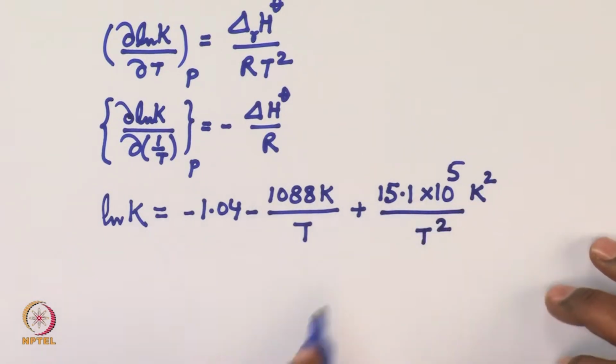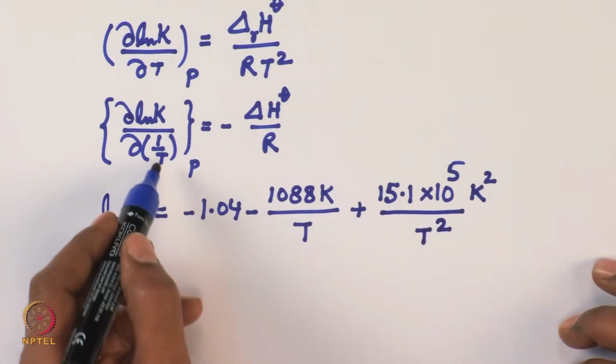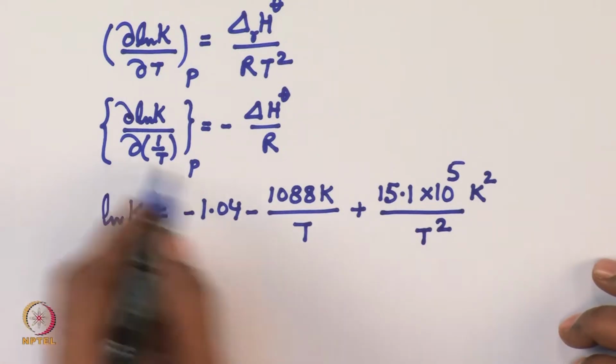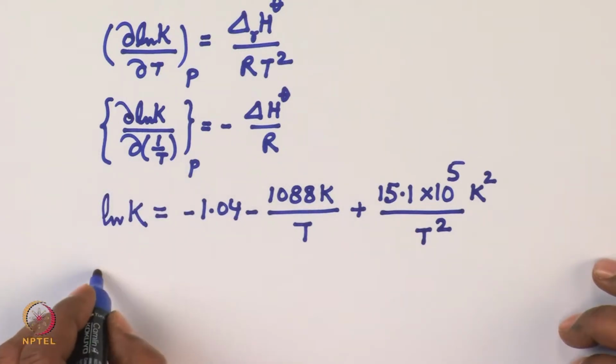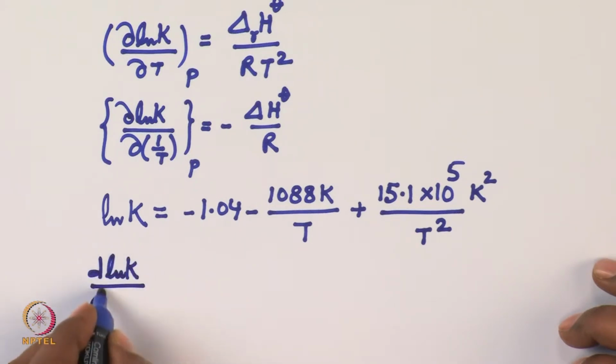What I have is T in the denominator, that is why if I differentiate with respect to 1 by T, it will be easy.